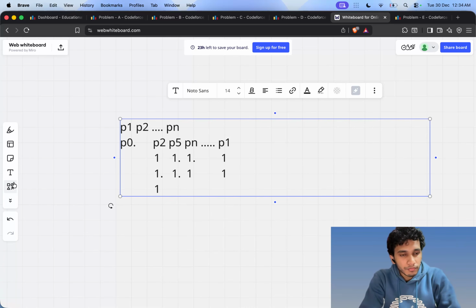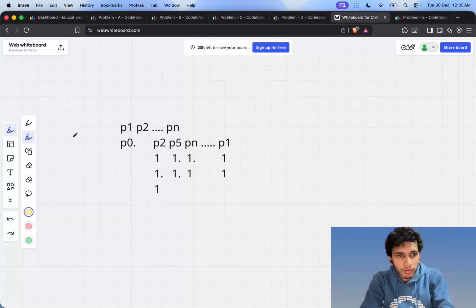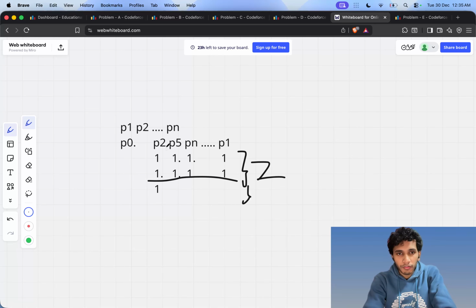If we analyze it clearly, we used two decorations for everyone from P5 to P1 and three decorations only for P2.